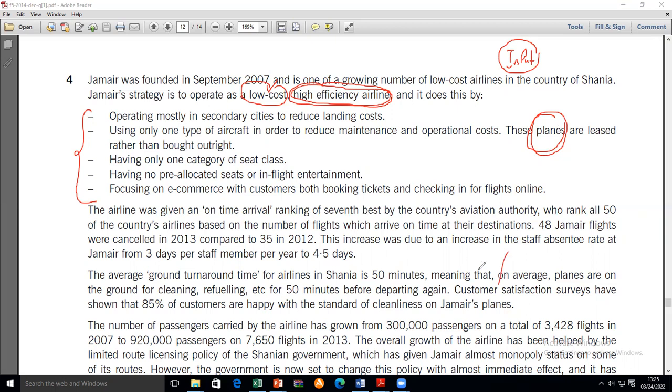Okay. Let's look at how we can come up with goals. The airline was given an on-time arrival ranking of 7th best by the country's aviation authority, who rank 50 of the country's airlines based on the number of flights which arrive on time. What should be our goal here?